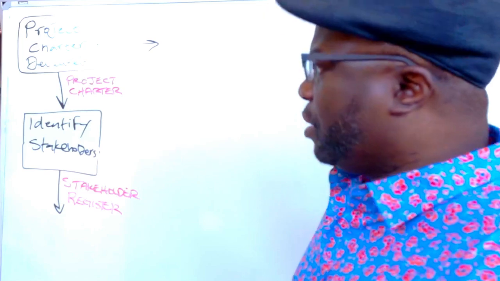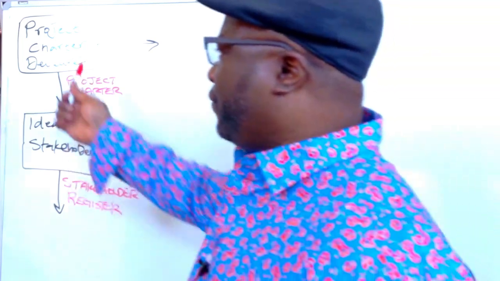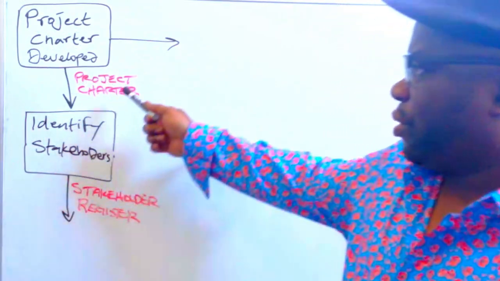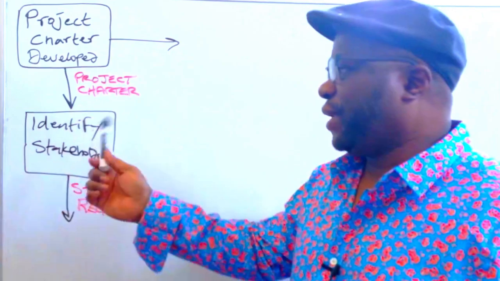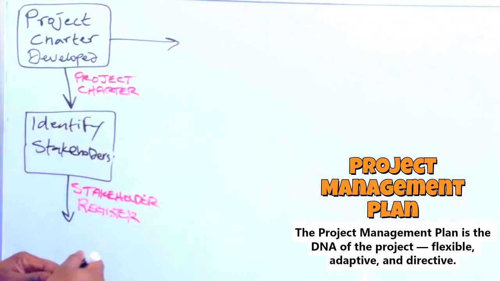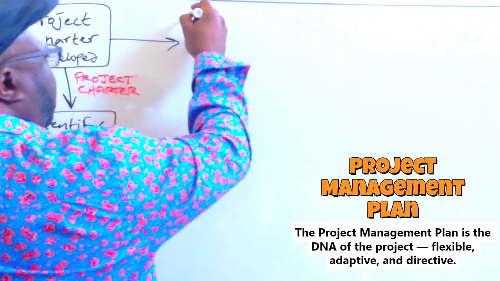All right. So after we've developed our project charter, the most important thing that happens next is the creation of something called a project management plan. So, with our project charter developed, not only are we able to identify stakeholders, but we're also able to go forward and create a project management plan.